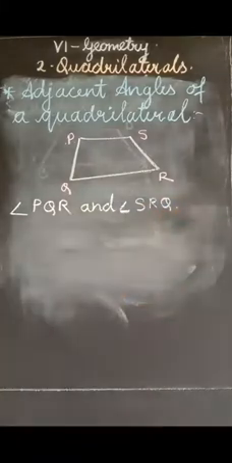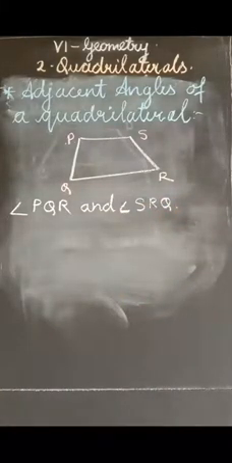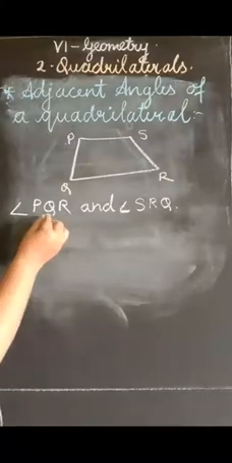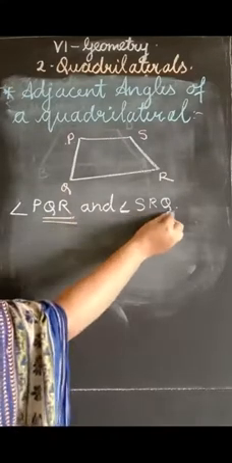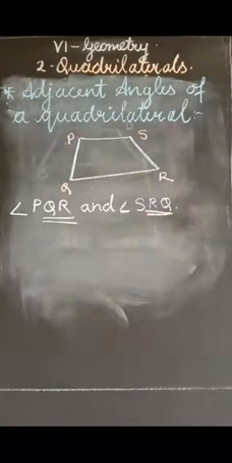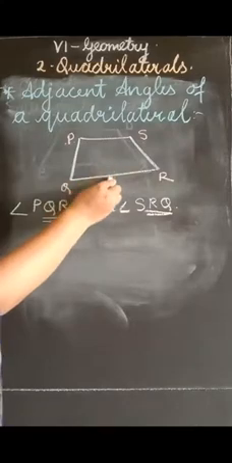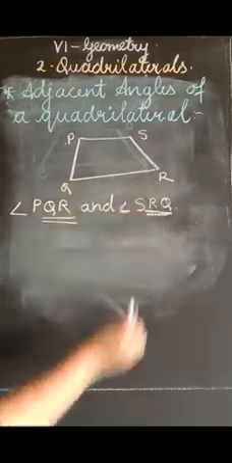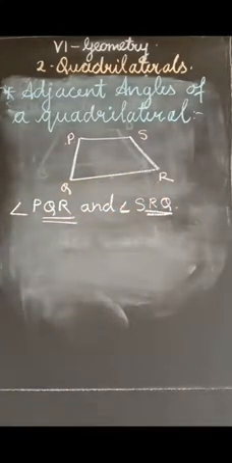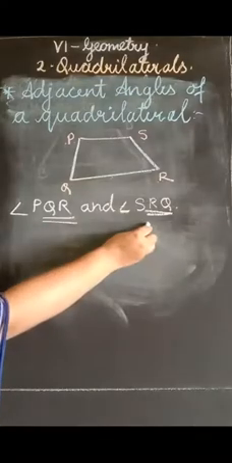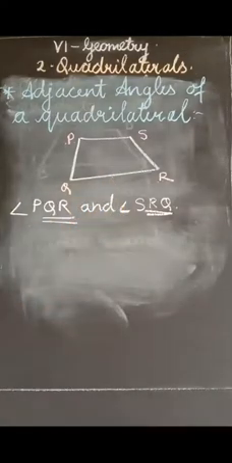SRQ. Can you tell me what is common in these two angles? Yes, if you will observe carefully, then you will find that QR is common in these two angles. And if we will look in the diagram or the figure, then QR is a side. Yes, so in these two angles, one side is common.